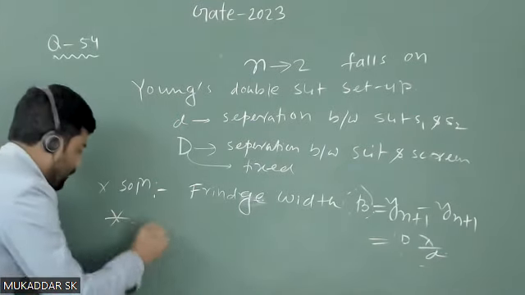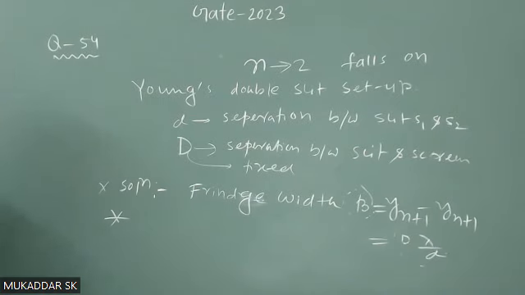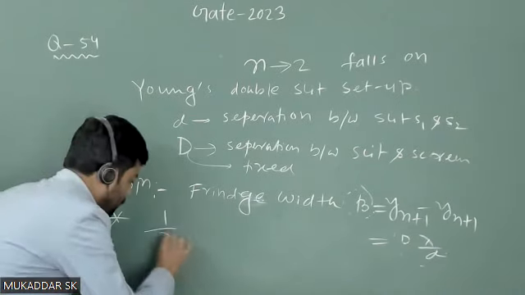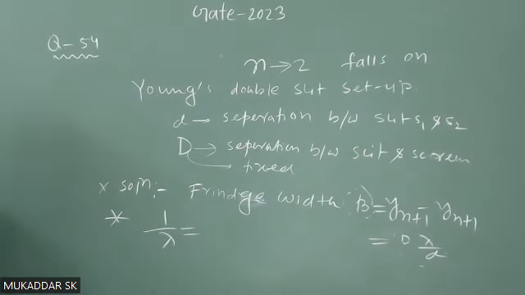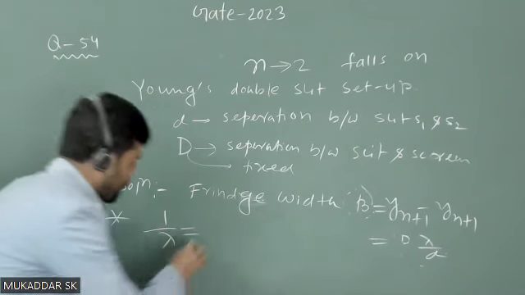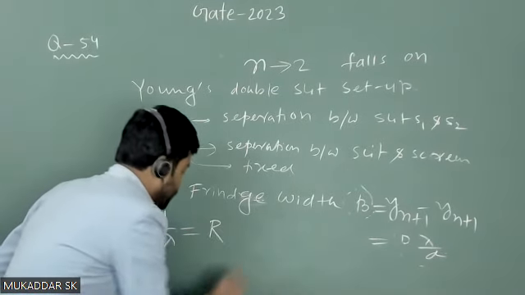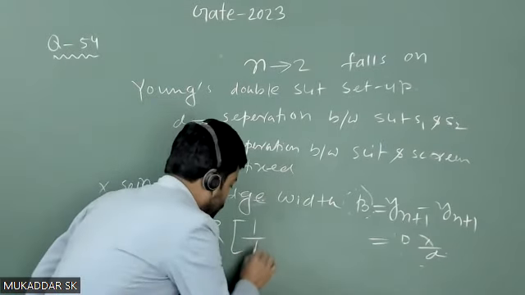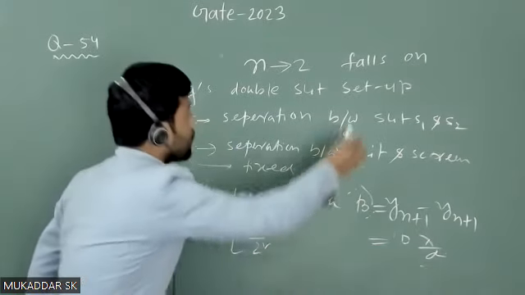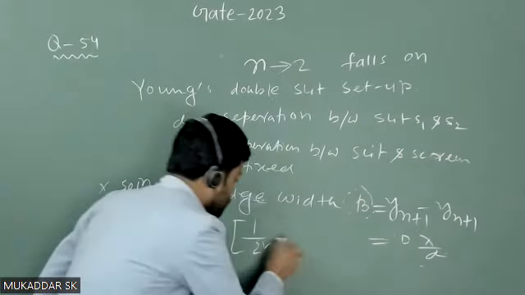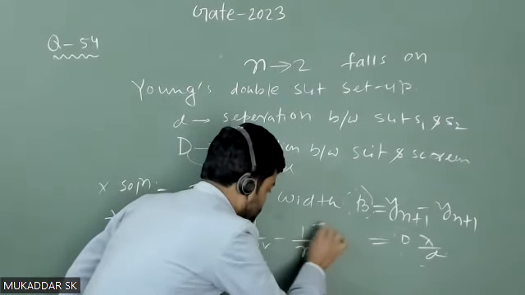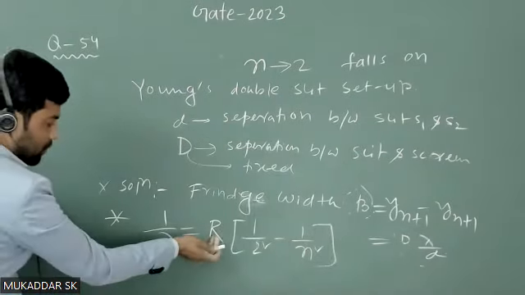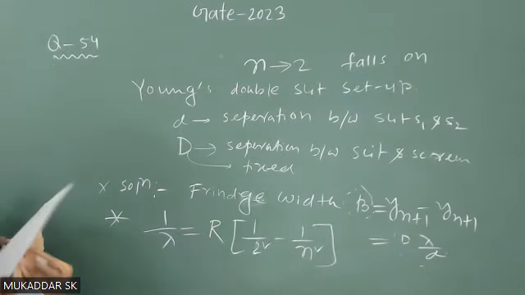Now, if we apply Bohr's theory, then we know that 1 by lambda, the reciprocal of the wavelength, or wave number of the emitted photon, especially for the hydrogen atom, I can write as R into 1 by 2 square, the final state, minus 1 by n square, the initial state, where R is the Rydberg constant, which is constant.